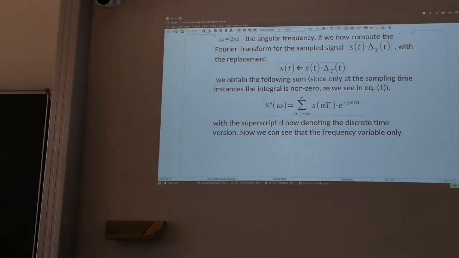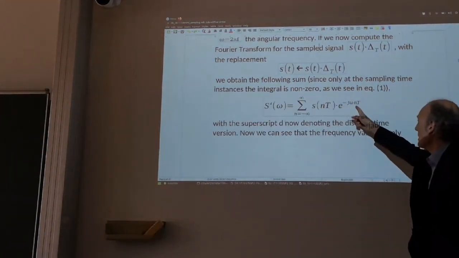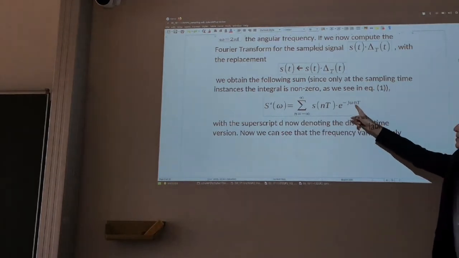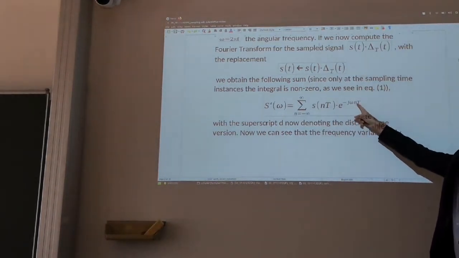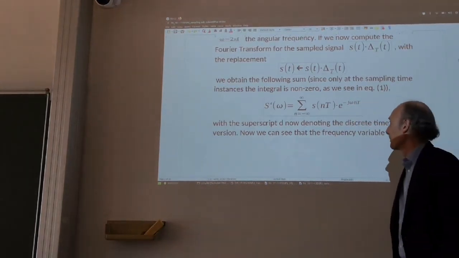Yeah, and what you also notice is that instead of the continuous variable t, I now have the discrete variable n times capital T. So this is now a major difference.